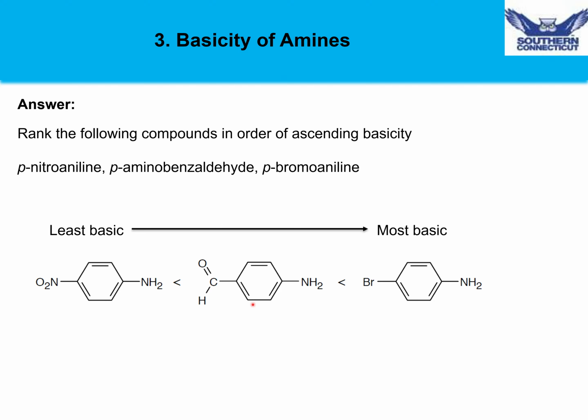The next example, with the aldehyde, we have a moderate electron withdrawing group. It makes the nitrogen electron poor, but not as much as the example with the nitro group. And then the bromine, again, is an electron withdrawing group, but it's a weak electron withdrawing group. And so this should be the most basic out of the three.